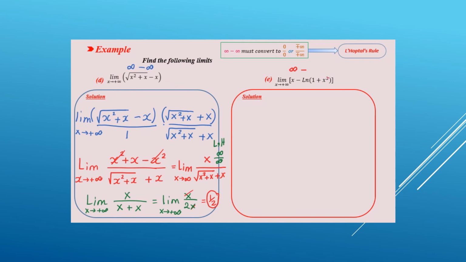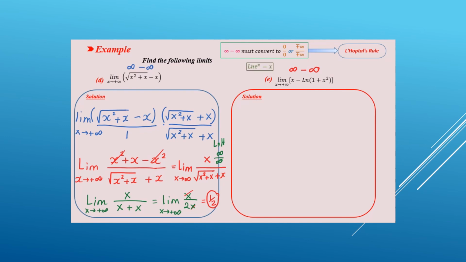So we have infinity squared, which is infinity, and ln of infinity equals infinity. So we have infinity minus infinity. This is the indeterminate form, and you have to convert it to 0 over 0 or infinity over infinity to use L'Hopital's rule.